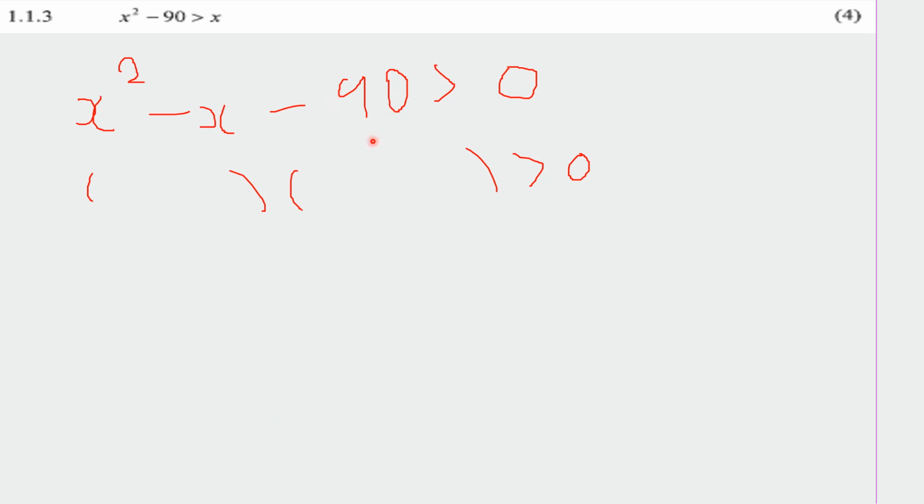The factors of 90 are 10 and 9. So 10 minus 9 is 1. So now we're just going to place x here, and then you place your 9 or 10 there. It doesn't matter where you put it.